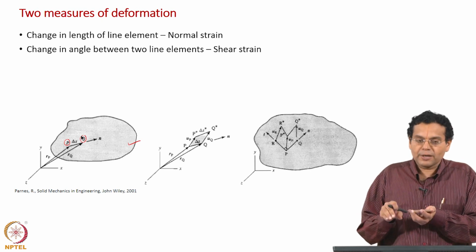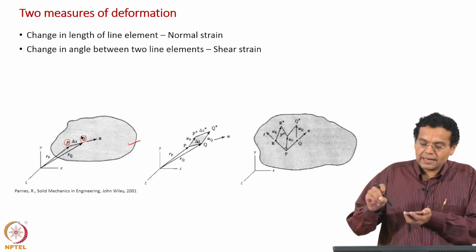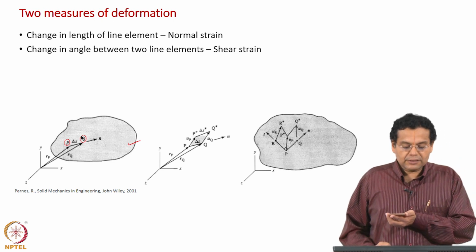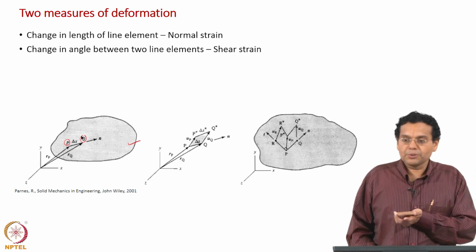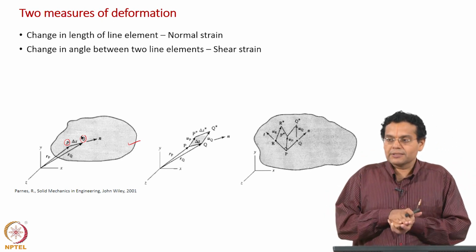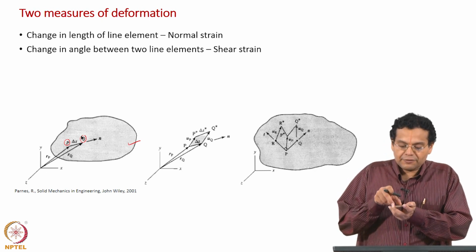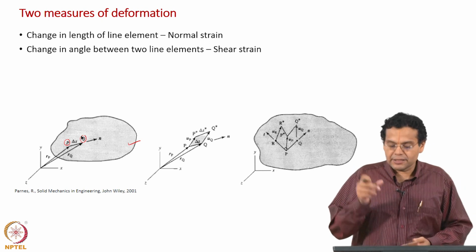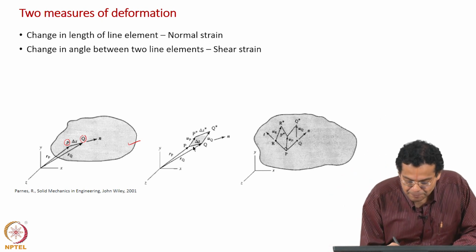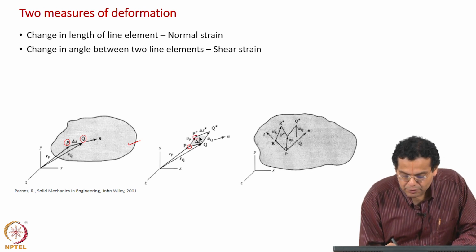You mark two points P and Q along a direction n, and the length of that line is delta S. Now you apply a force on this. The points you marked, or particles you identified, get displaced, which is what is shown here. Initially P was here, and P has moved to P star.